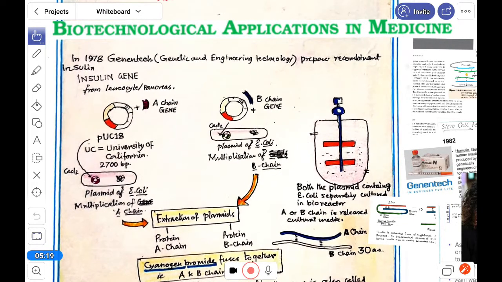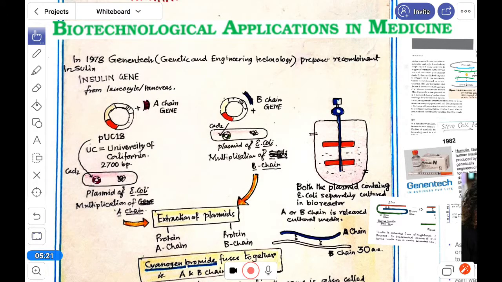So how can it be prepared? Two different types of plasmids are taken. Here it is pUC18, University of California, from Stanford, which is 2700 base pairs.